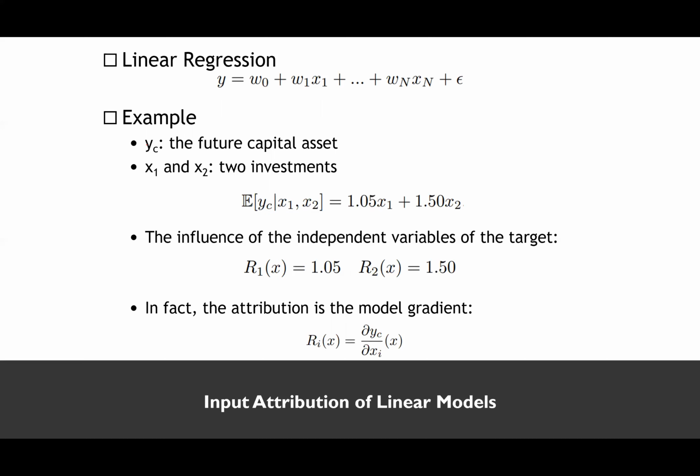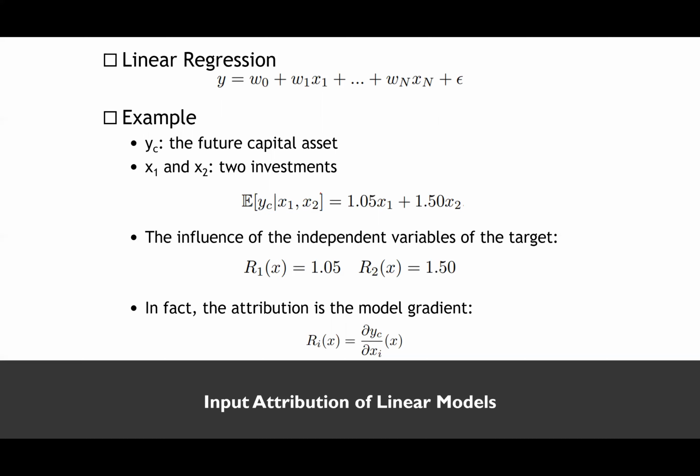Suppose yc is the future capital asset, and we have x1 and x2 as investments. Given two investments, the future capital asset is written as 1.05 times x1 plus 1.50 times x2. It means that the first investment has a 5% increase, and the second investment has a 50% increase.